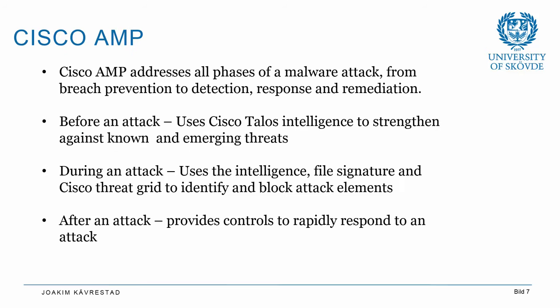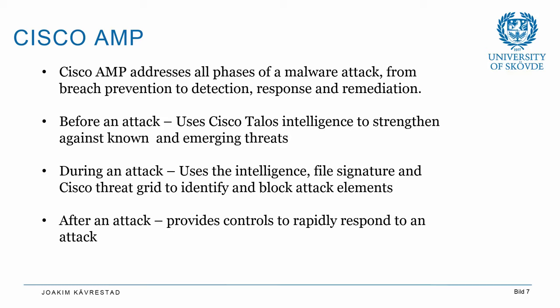Then I just want to say a word about Cisco AMP, Cisco Advanced Malware Protection. It addresses all phases of a malware attack, from breach prevention to detection, response, and remediation. Before an attack, it uses the Cisco Talos intelligence to strengthen against known and emerging threats.